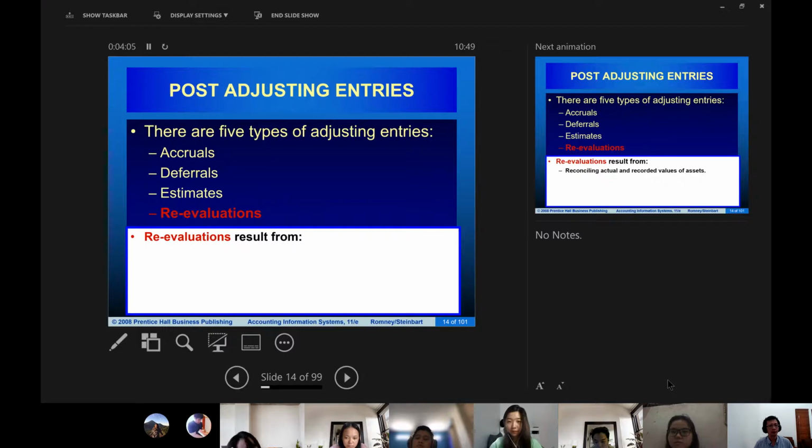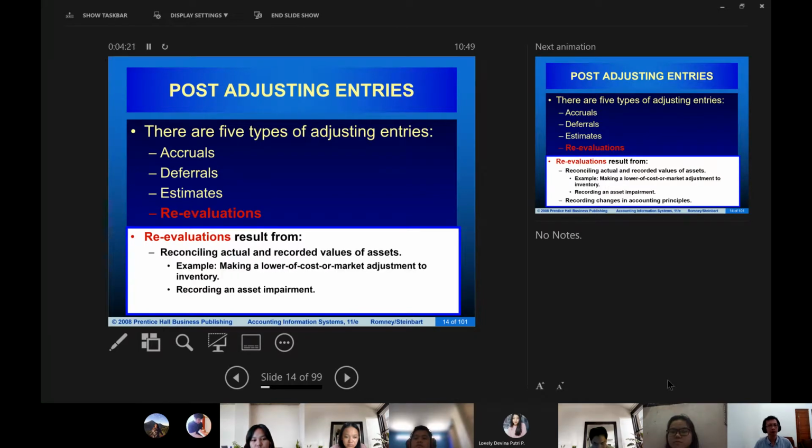But nowadays, with the mark-to-market accounting practice, our Indonesian accounting standard allows re-evaluation. In fact, some of it has to be done regularly to reflect realistic market value in the books.